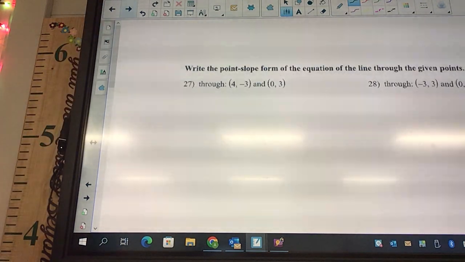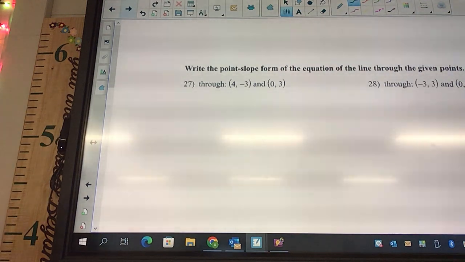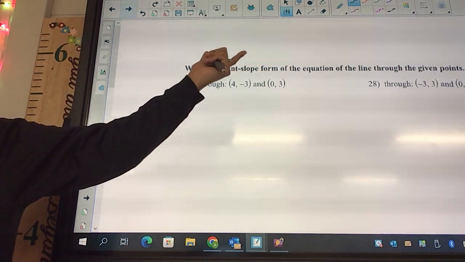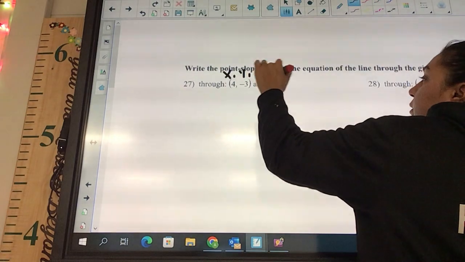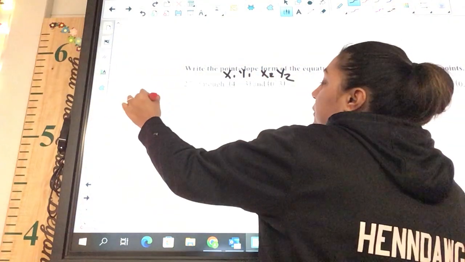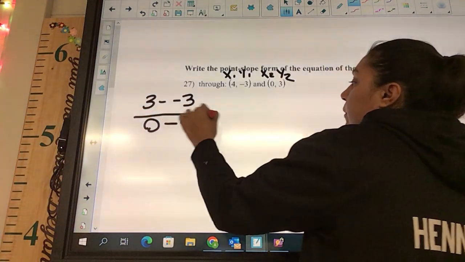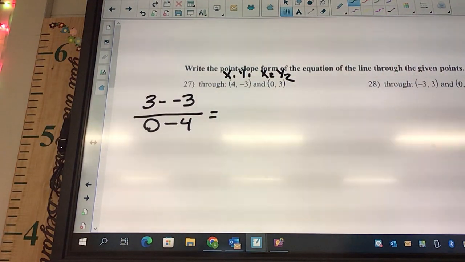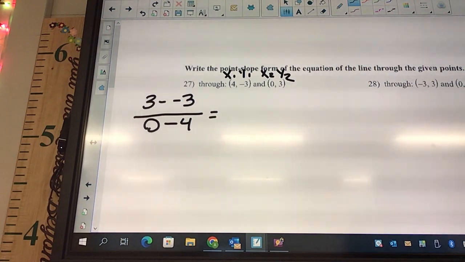Okay, 27, they want you to write the point slope form. Okay, again, but what formula do you use for 2 points? The slope. Okay, so we need to label this x1, y1, x2, y2. Okay, so we're going to say 3 minus -3 over 0 minus 4. -3/2?